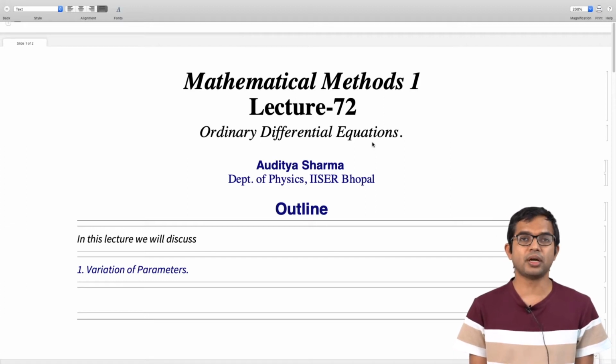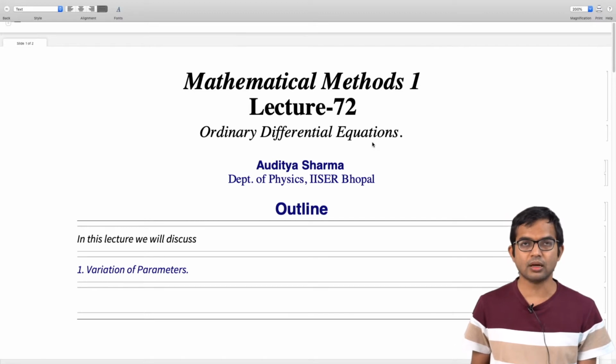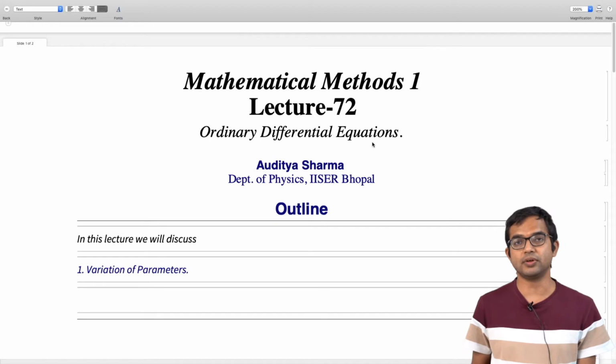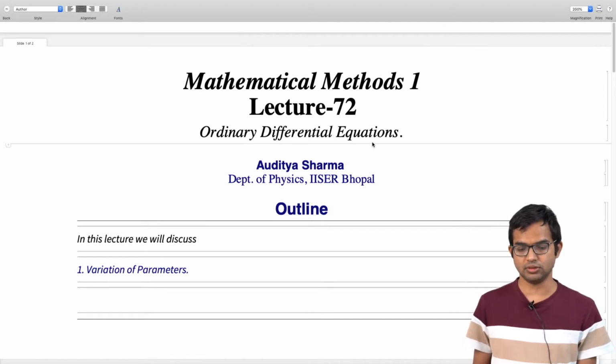So this is inspired by a method which we have already seen, but with first order differential equations, right? And it's quite general in its applicability, and in fact it can be extended to even higher order differential equations. But today in this lecture we will look at second order differential equations alone.